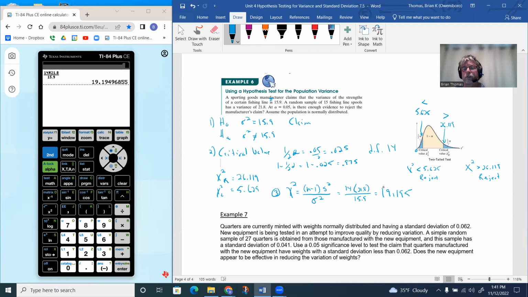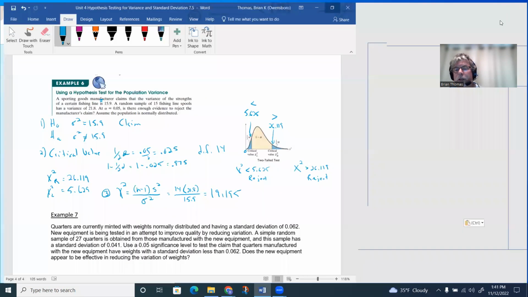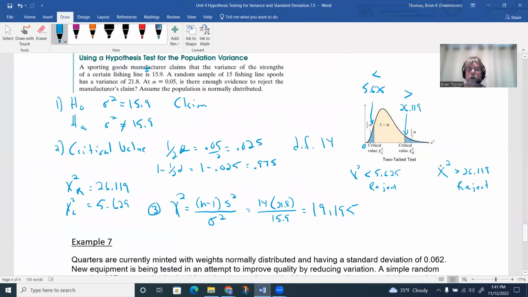So the question is, is 19.195 less than 5.629? No. Is 19.195 greater than 26.119? No. It's not in the left rejection region, and it's not greater than 26.119.